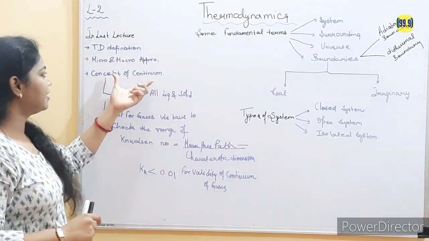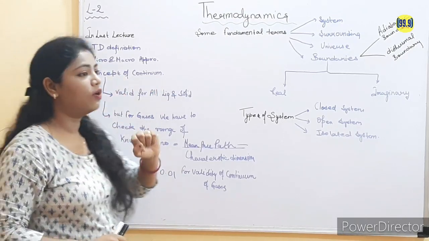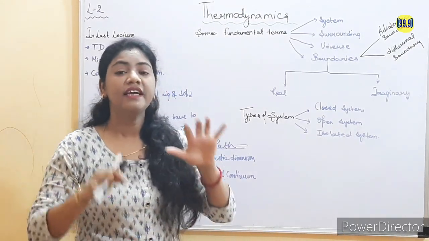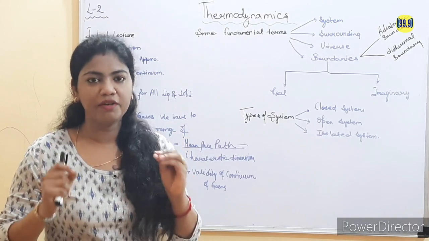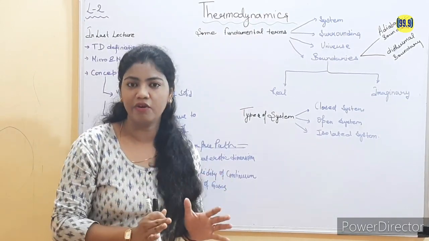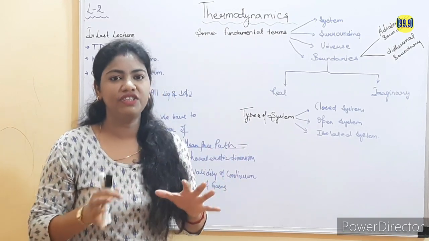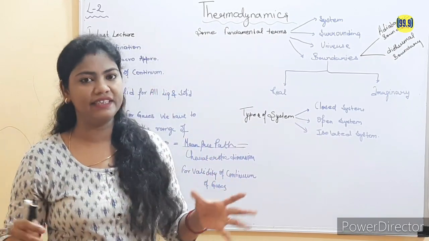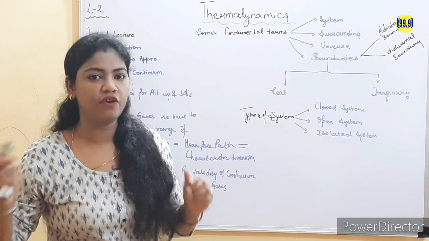So this is about the concept of continuum. Now in this lecture I am going to discuss the validity of the concept of continuum: in which case it is valid, and in which case it is not valid.